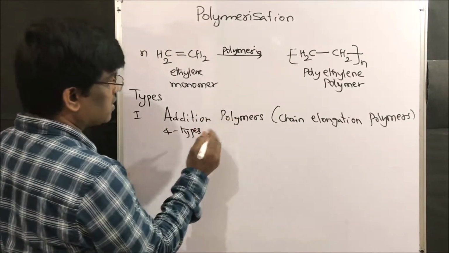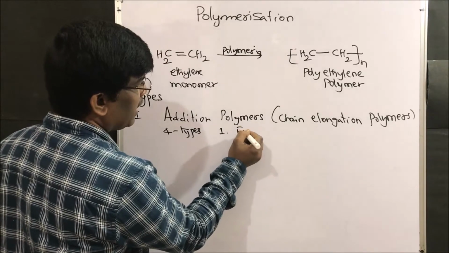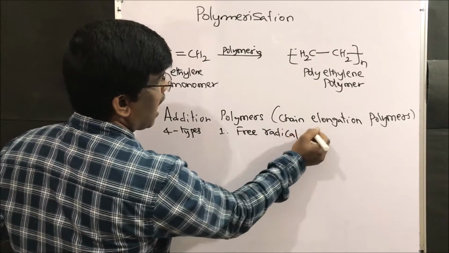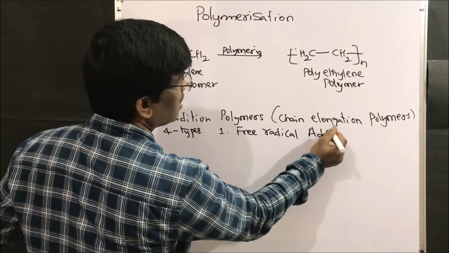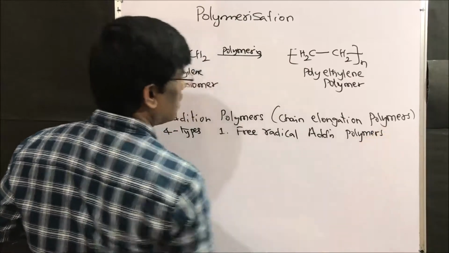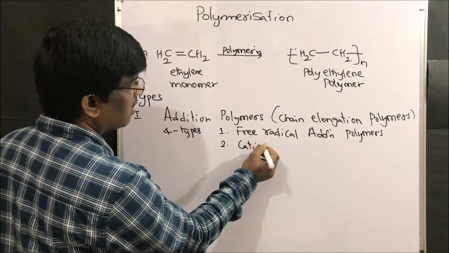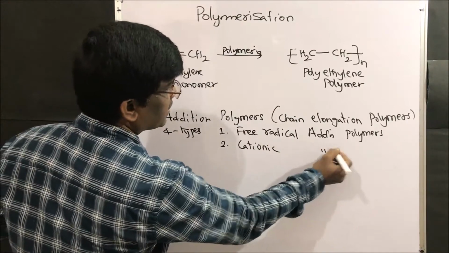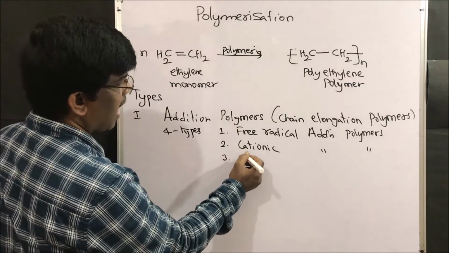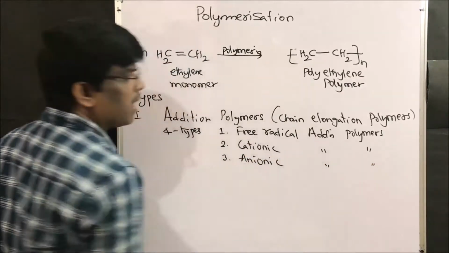So addition polymers are four types. One is free radical addition polymers. Right? Second one is cationic addition polymers. Third one is anionic addition polymers.